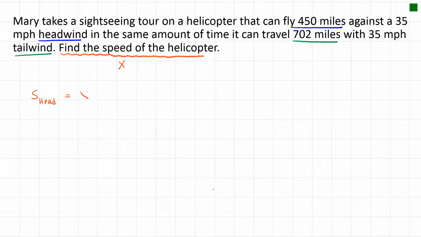It's going to be the speed of the helicopter minus 35 miles per hour. And the speed at which she's flying with a tailwind, in other words, the wind is helping her, is going to be x plus 35. So we're letting x be the speed of the helicopter.